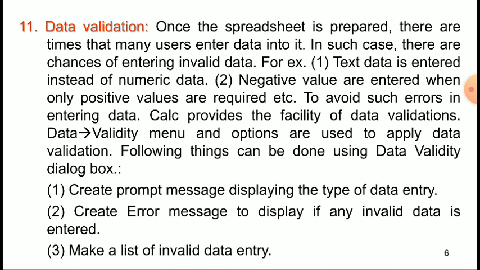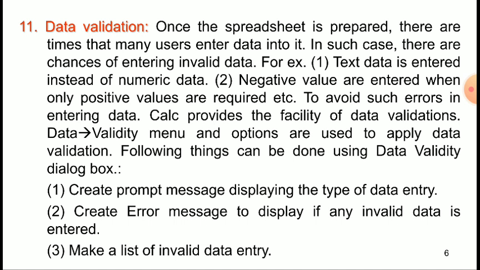To avoid such errors in entering data, Calc provides the facility of data validation. The Data menu and Validity menu and options are used to apply data validation. The following things can be done using the data validation dialog box. First, create a prompt message for the type of data entry.